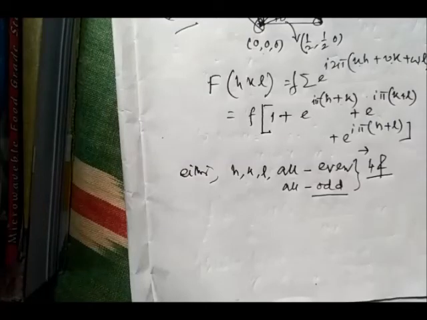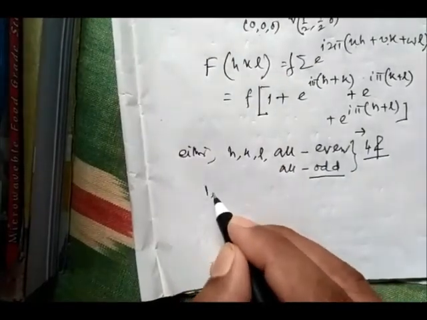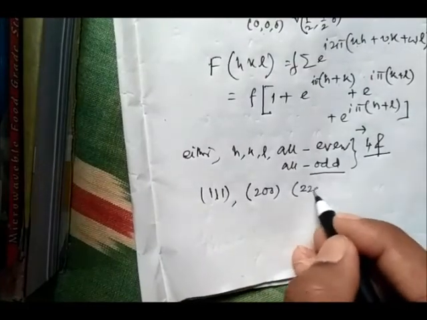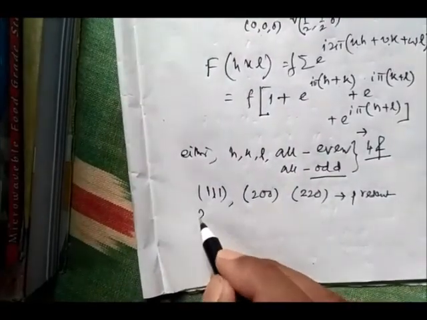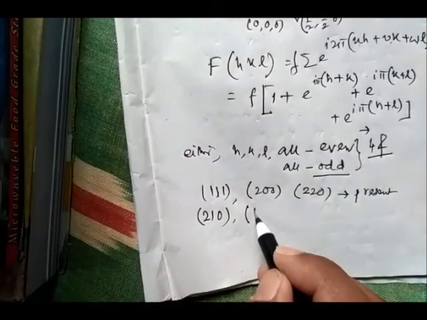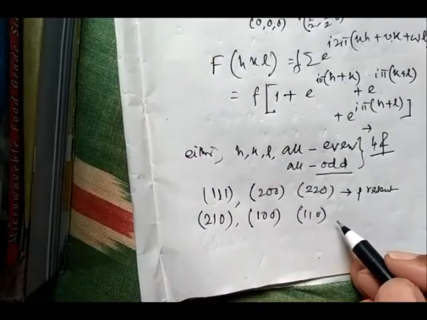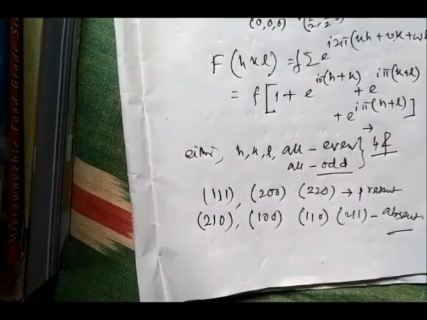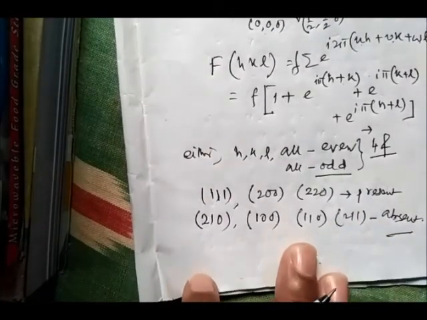So all even or all odd means 1 1 1, 2 0 0, 2 2 0. These reflections are present. But the mixed reflections, that is 2 1 0 or 1 0 0 or 1 1 0 or 2 1 1, those are absent. So this is basically the complete picture of the structure factor.